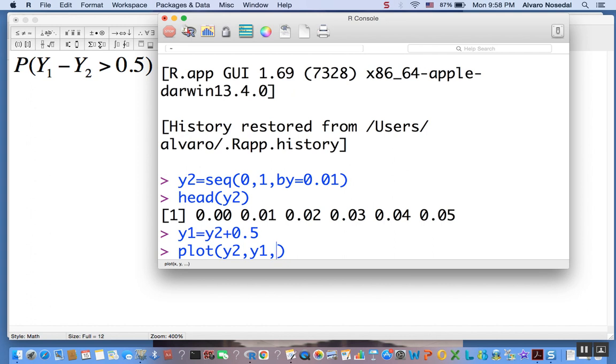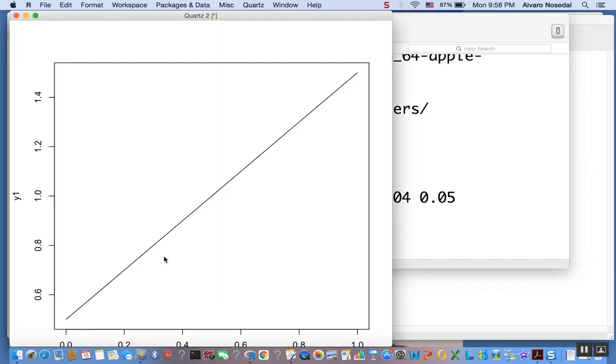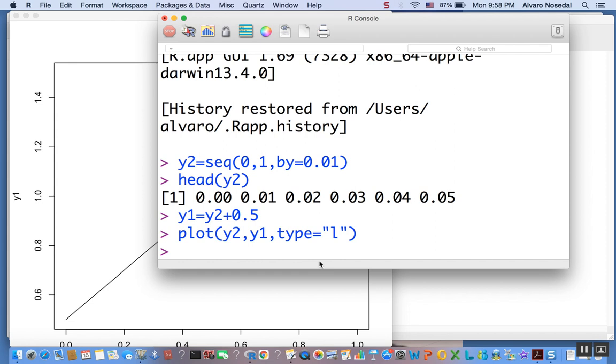Let me use type L, I want a line. So we have this. Now remember that what we would like to do is restrict our attention to numbers that live between 0 and 1, right? So let me add that restriction here.